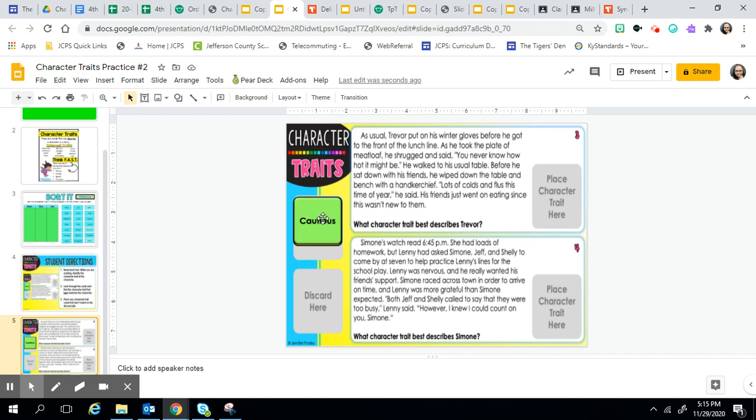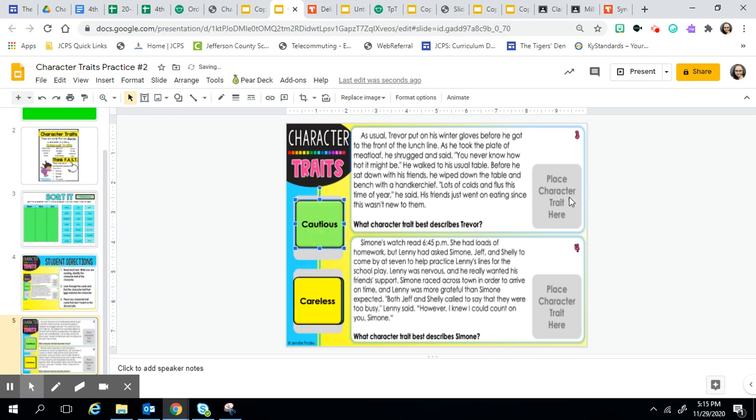Would you consider him cautious, careless, dependable, or energetic? So you would choose one of those cards and drag it over here, depending on what you think it is.